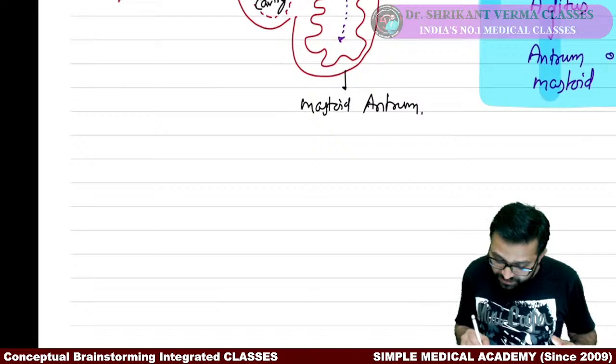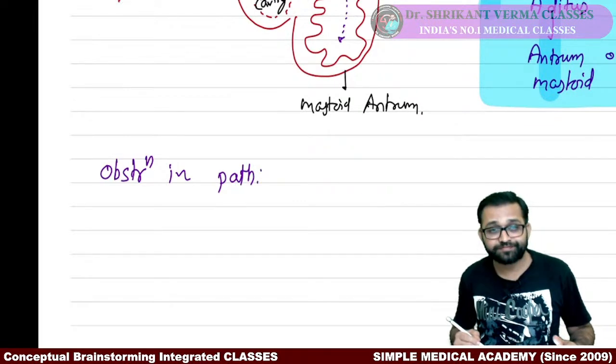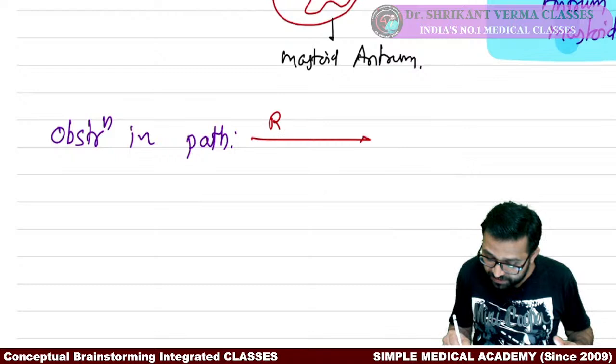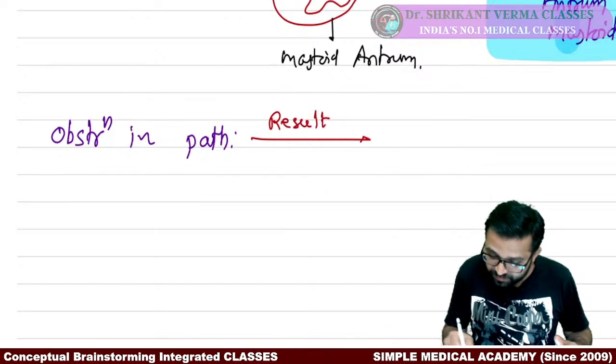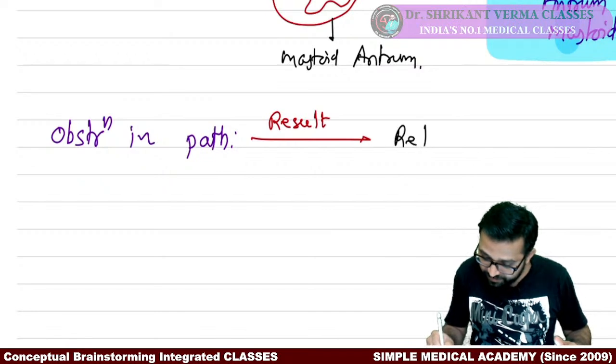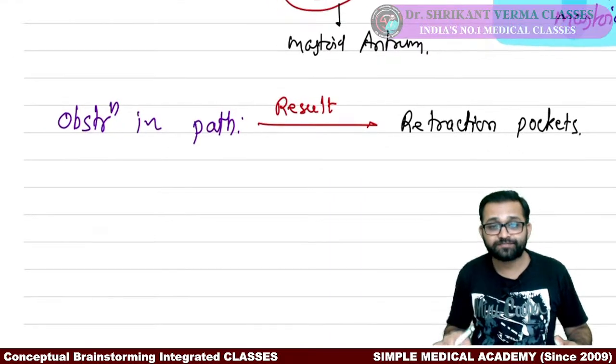Now try to understand, if there is obstruction in this pathway, then it will result in formation of the retraction pockets.